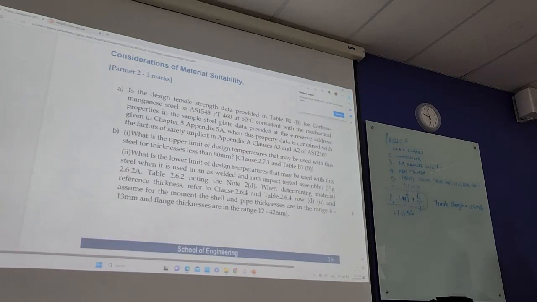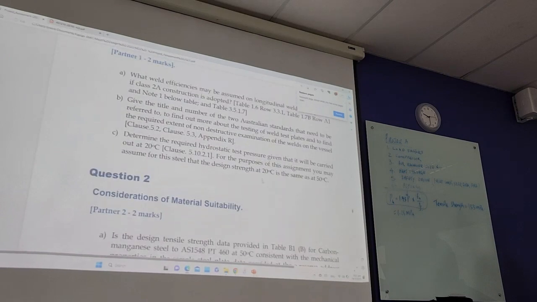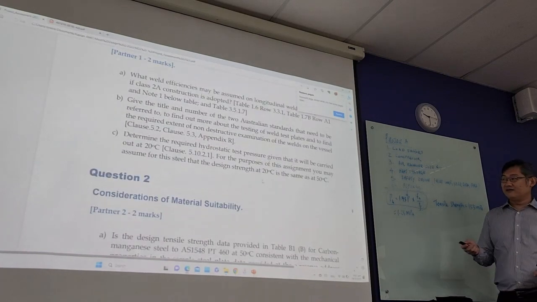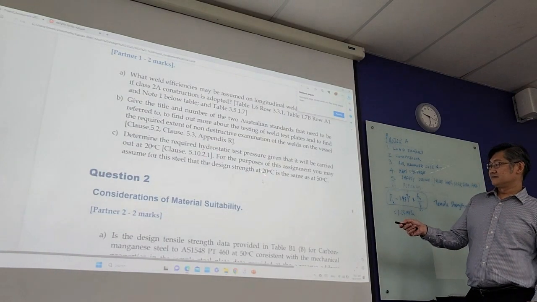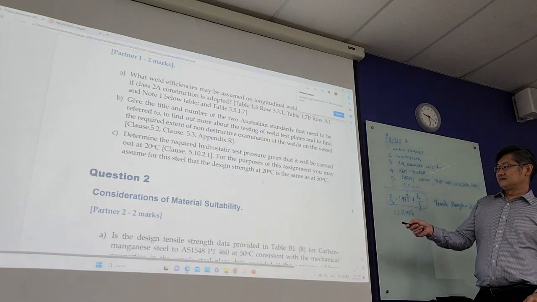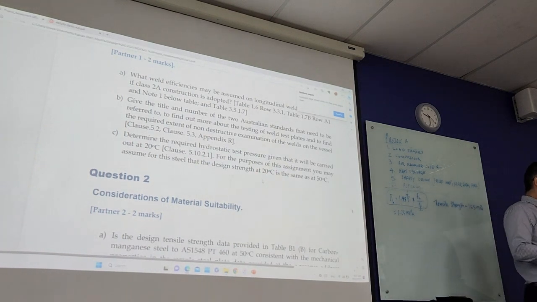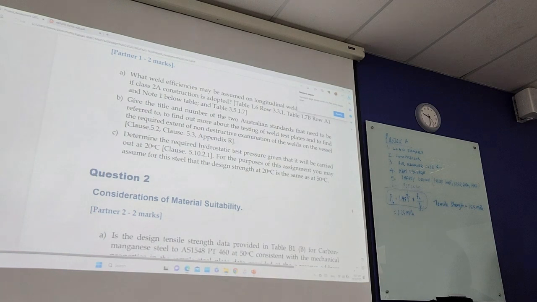Okay, so number 2. Over here, 20 is similar to 50, so that's why you get factor 1.